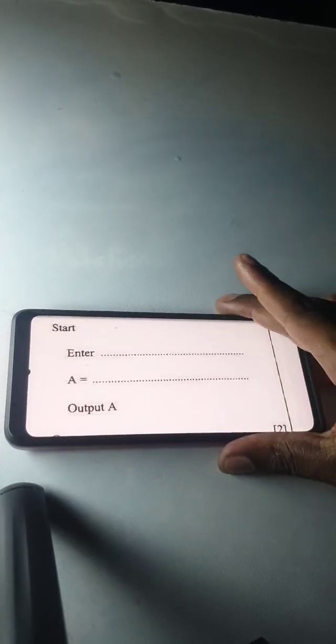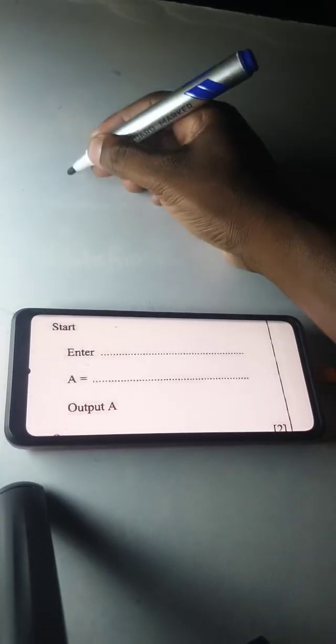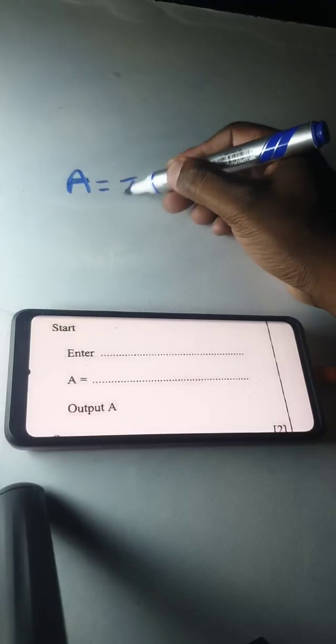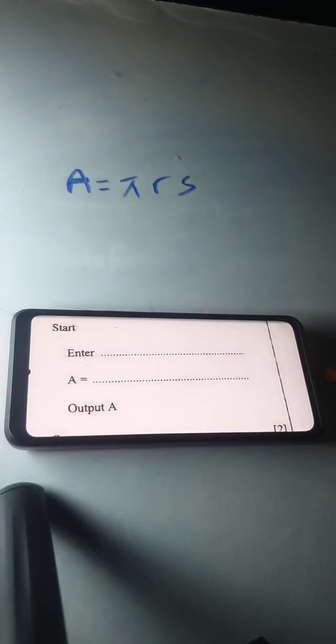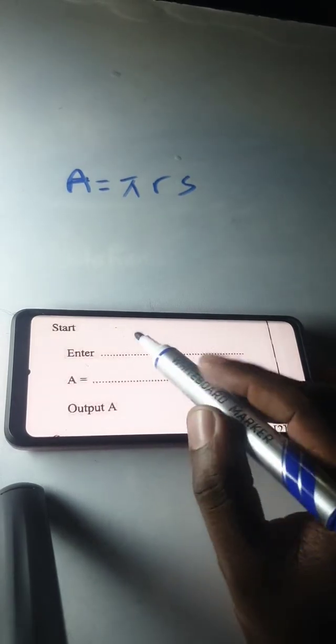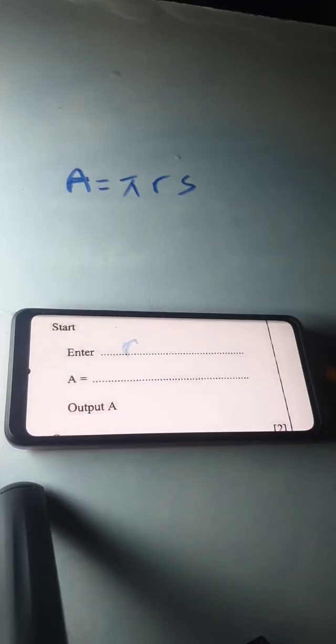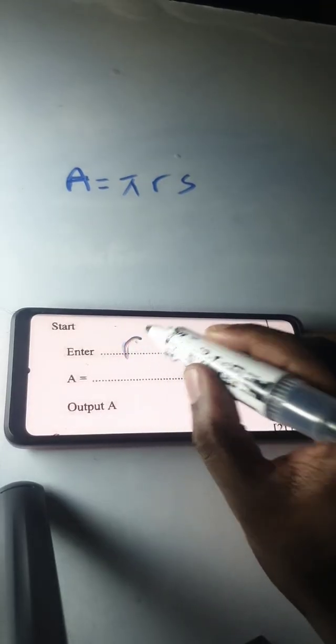First, enter. What are we entering? The formula is the curved surface area equal to pi times radius times slant height. So we enter the radius, what we need to use to find the area.